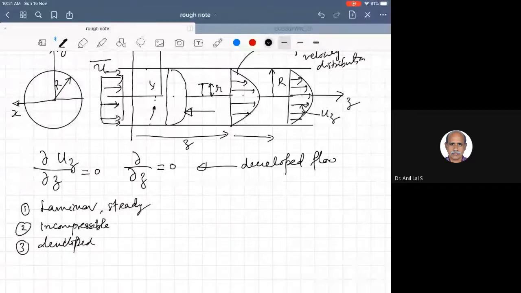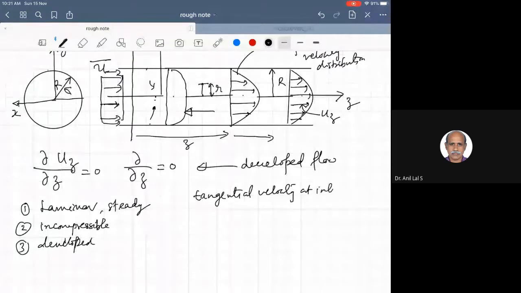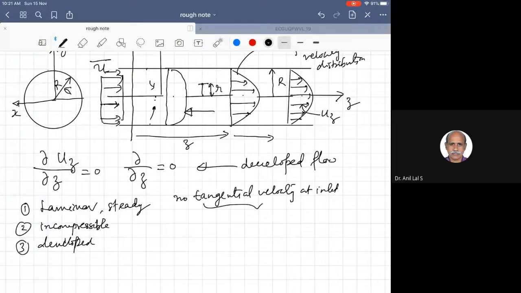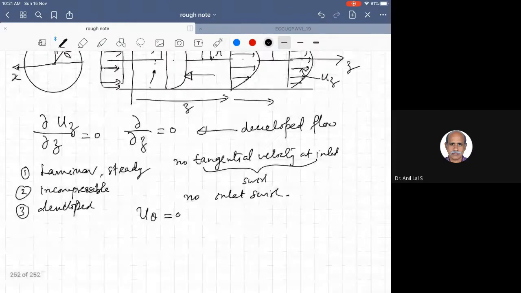As far as u theta is concerned, there is no tangential component of velocity in the pipe. So we assume there is no tangential component of velocity at the inlet, no inlet swirl. So u theta is equal to 0.